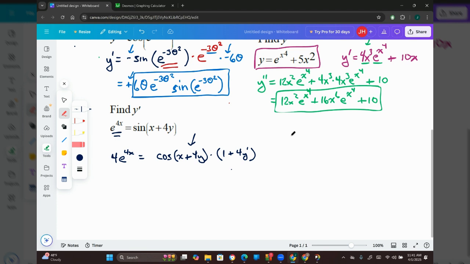And what I want to do here is make sure that I'm solving for y prime. Well, first thing I'm going to do, I'm going to get rid of this cosine by dividing by it. And if I divide by cosine, I can rewrite that as secant of x plus 4y on the other side.